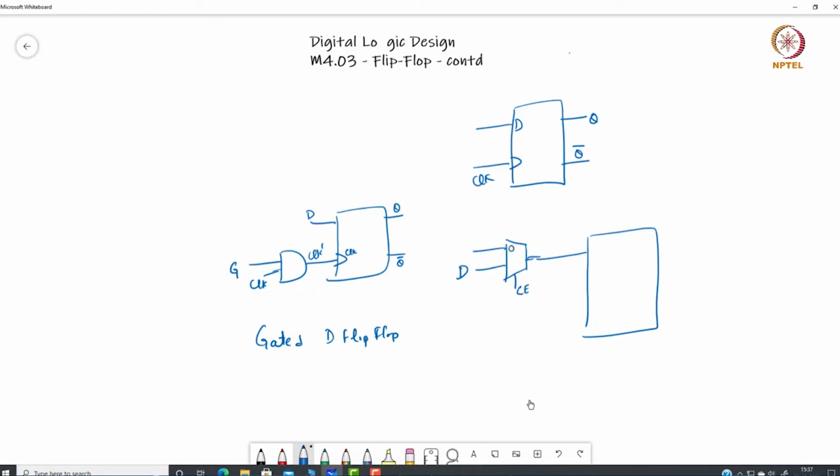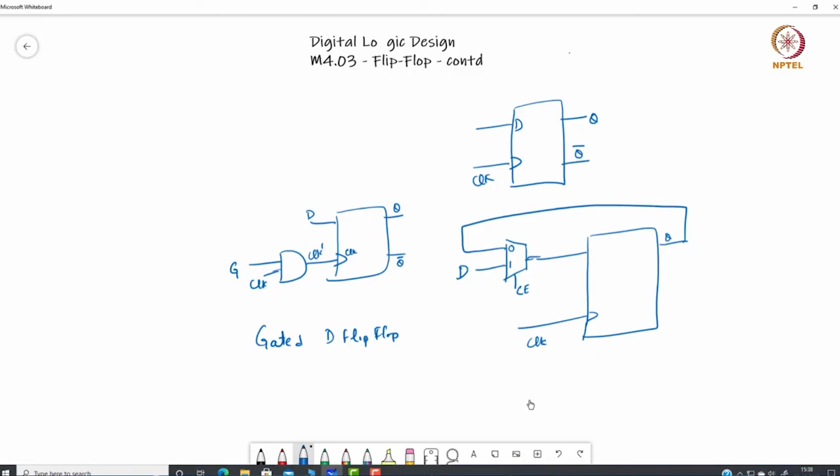So this chip enable, if this is 0, then whatever was the Q value, it takes that as input. Here we are not changing the behavior of the clock, but if chip enable is 0, then whatever was the previous state, it will remain in that previous state.